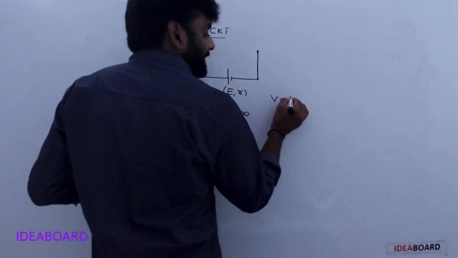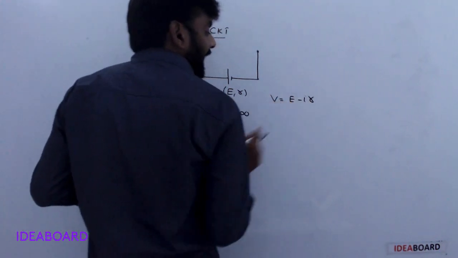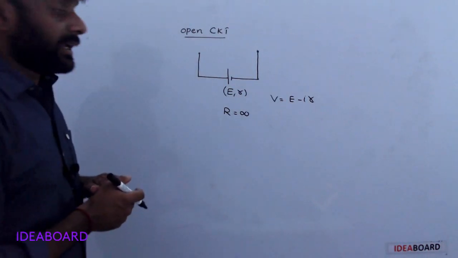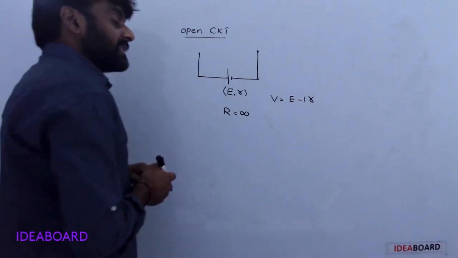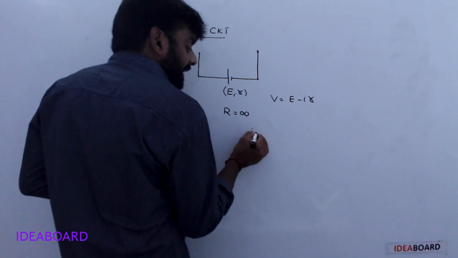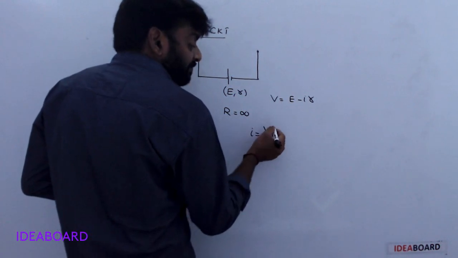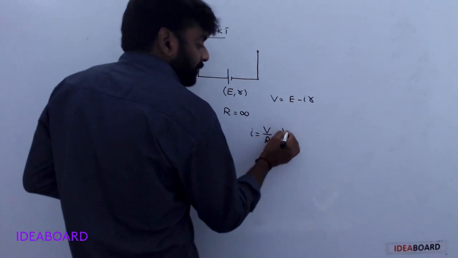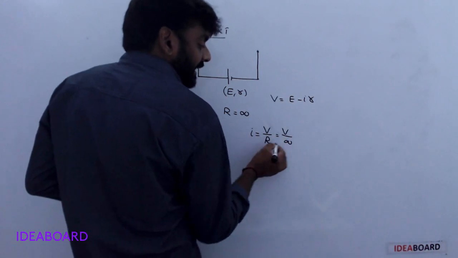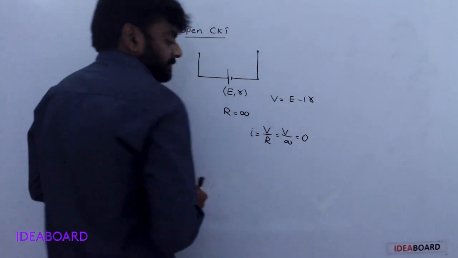You know already V is equal to E minus Ir. What about current? I is equal to V by R, and V by infinity is 0.